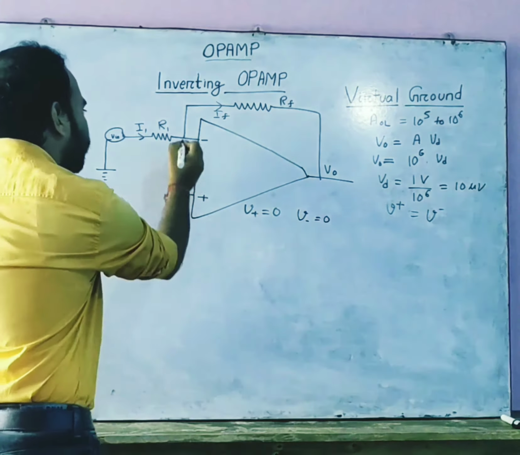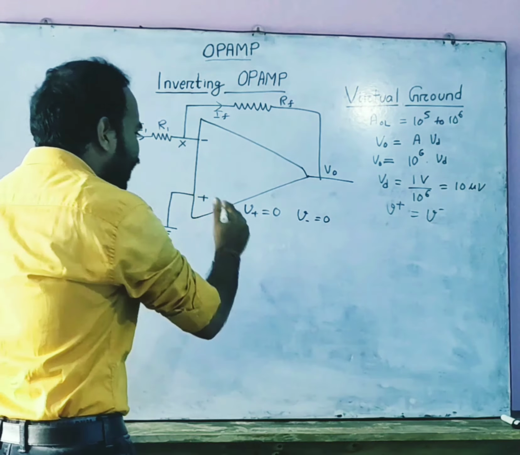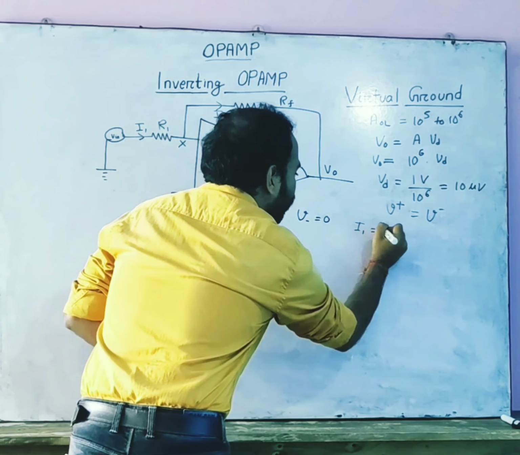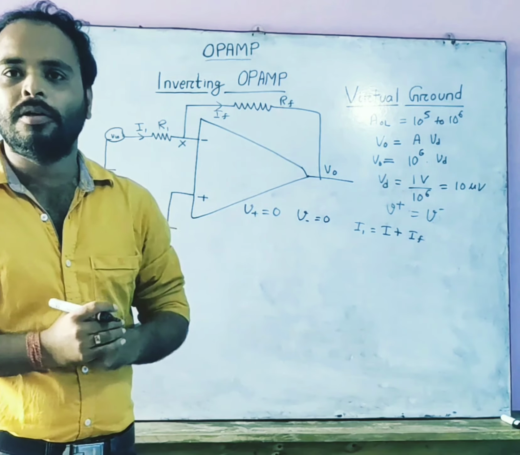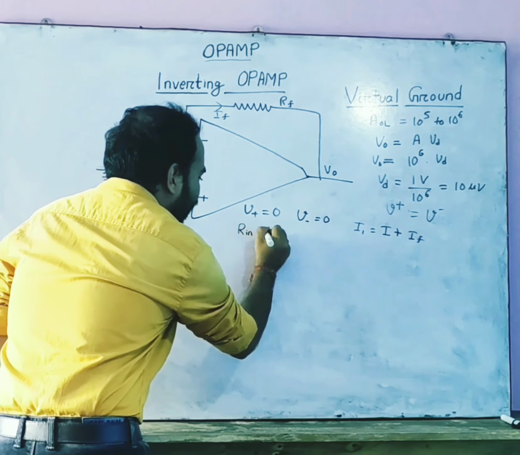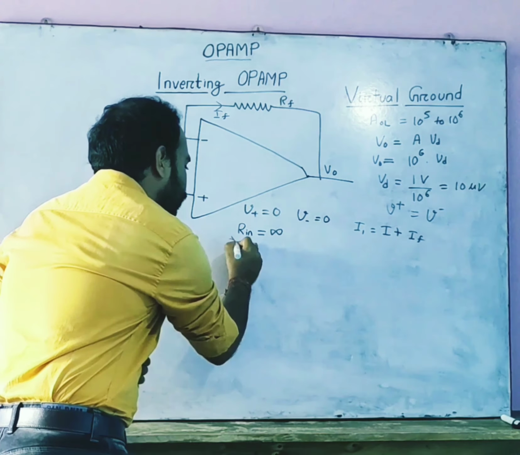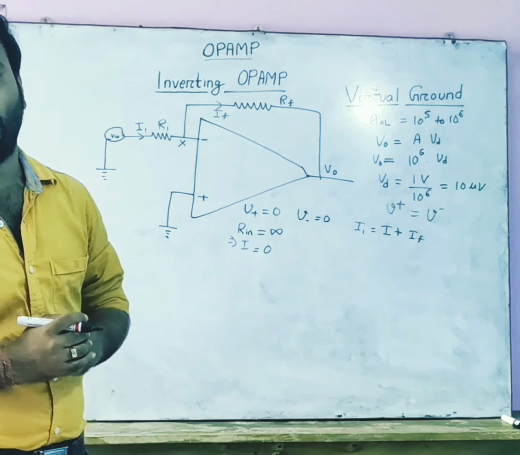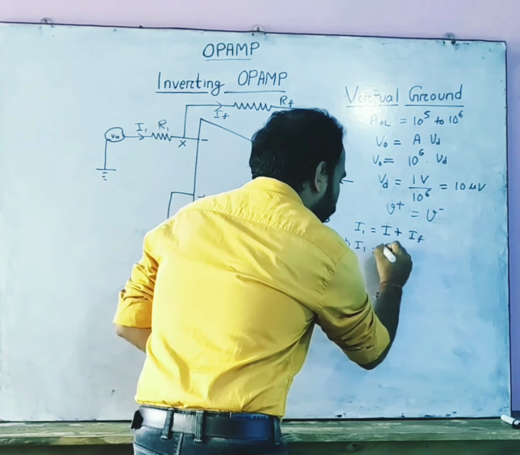Now, let us name this point of intersection as X. We can write according to Kirchhoff's laws that I1 equals I plus IF. Since the input impedance of an ideal op-amp is infinite, the value of I through the op-amp will be equal to 0, and hence we can write I1 equals IF.